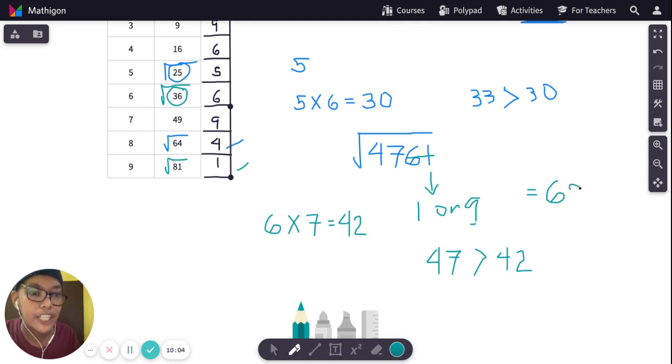So, ayun. Ang answer nyo po ay 69. So, again, we get the square root of 4761. Ayun po. The square root of 4761 is 69.